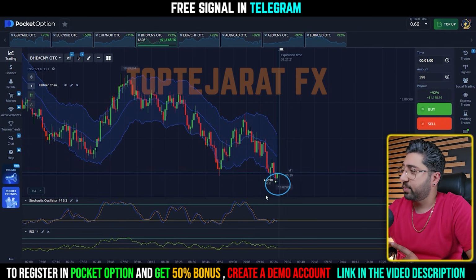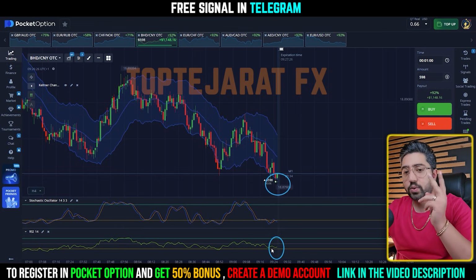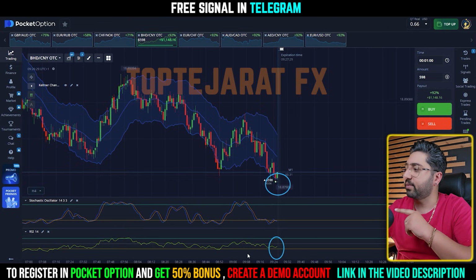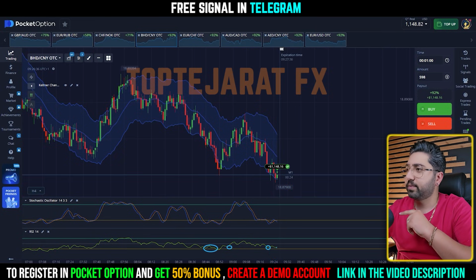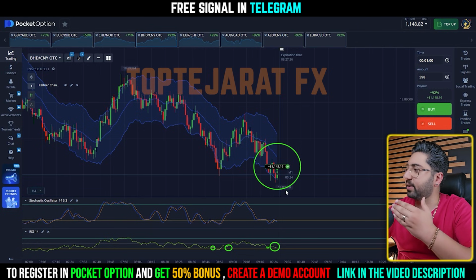Now we have confirmation from the Keltner channel and RSI. In the RSI we have 2 confirmations: a break of the green line and confirmation of the path of the market. Look at this here, here, here, and here. Touch here, and touch here. And we have a break of the green line, another confirmation in the Keltner channel when the candle cuts the blue line.